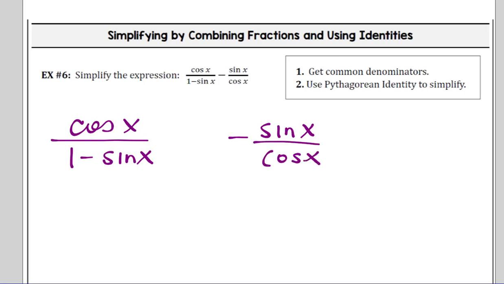Okay, well, my common denominator is going to be the product of these two, since they don't have anything in common, right? So if I want to have cosine x times 1 minus sine x as the denominator for each of these, then over here, I need to multiply top and bottom by what?